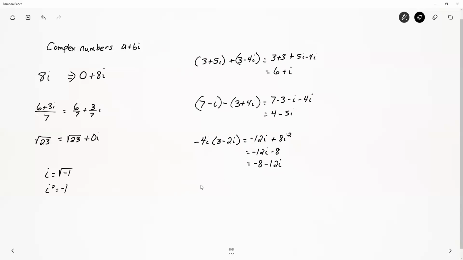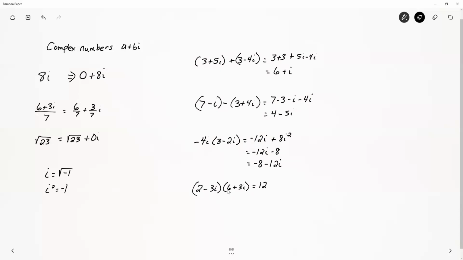All right, what if you're given this? 2 minus 3i and 6 plus 3i. Again, we're going to FOIL this out. So first, outer, inner, last. 2 times 6 is 12. So that's first.